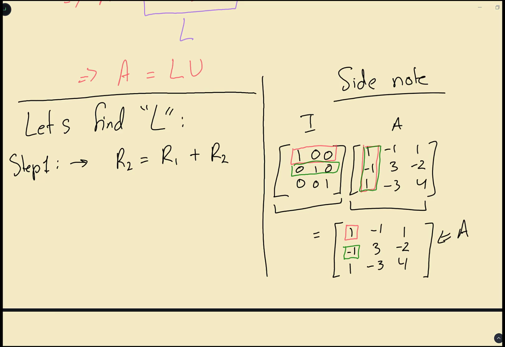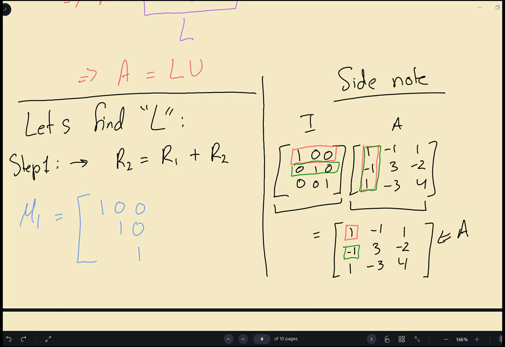So M1 in this case, which is the elementary matrix for the first row operation, is going to be the identity matrix. So we have the identity matrix with the zeros here. And the only thing we're going to modify in here is the element that we see right here in this box.